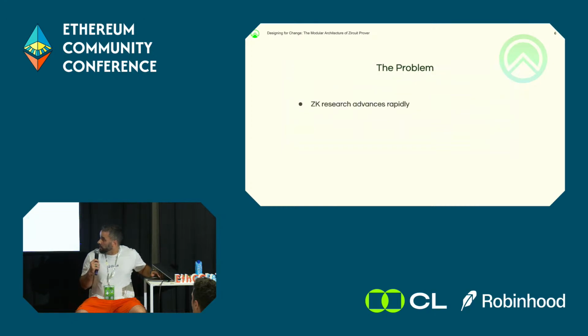ZK research advances very rapidly these days, with things becoming obsolete in about 3 to 6 months. We have a lot of ZKVMs. If you look at Zisk, OpenVM, all these days, God knows what's going to happen in the next month or so. So if you have a tightly coupled system, then you become obsolete very fast.